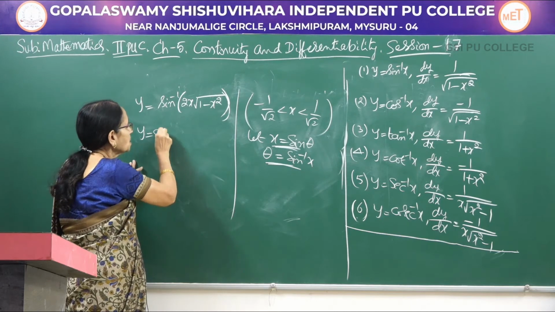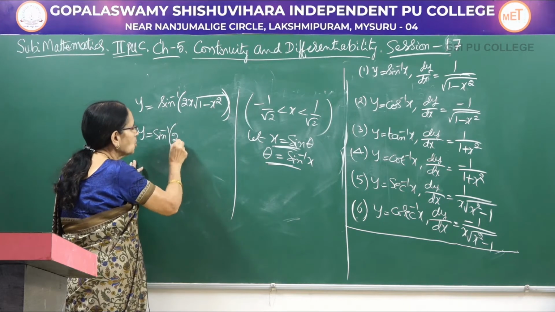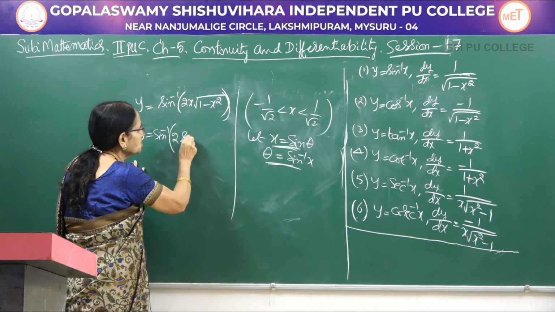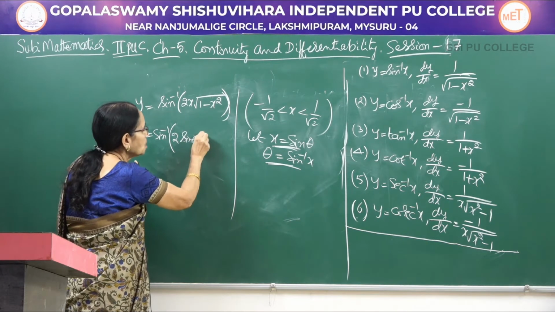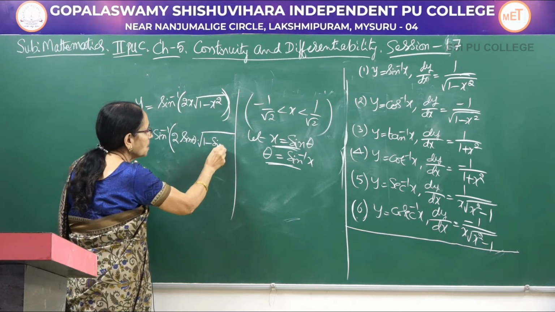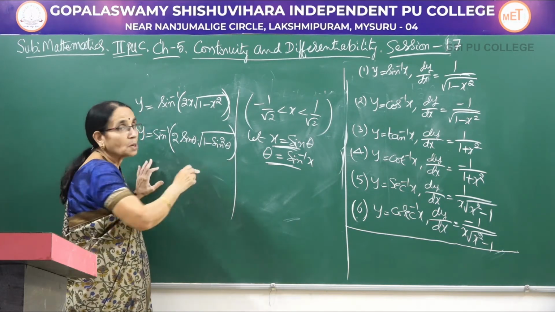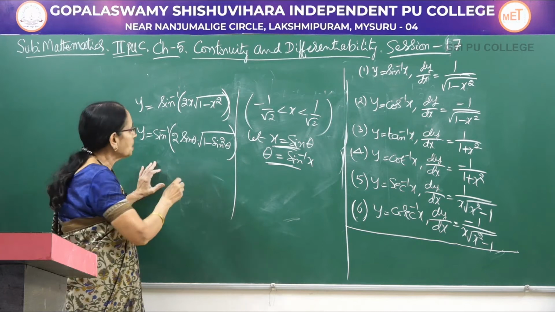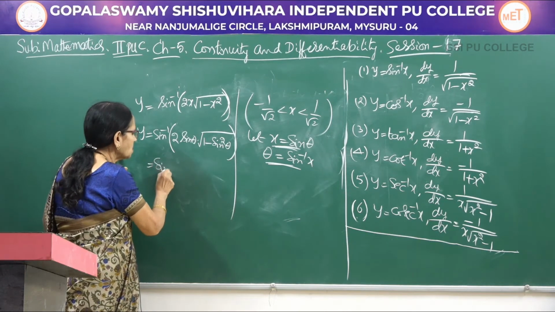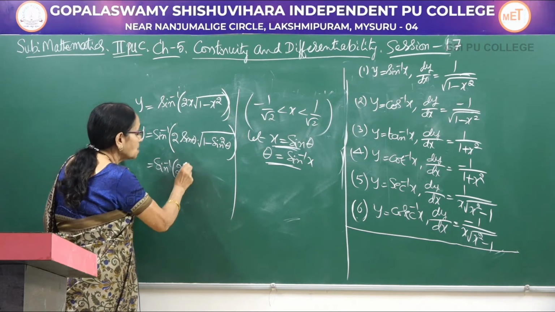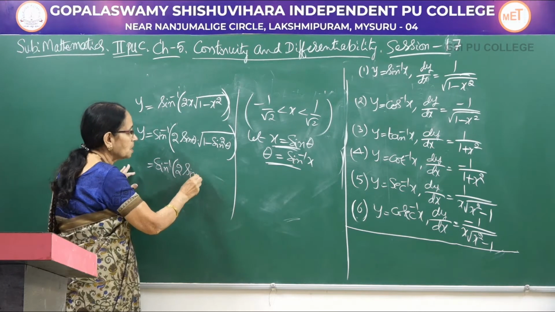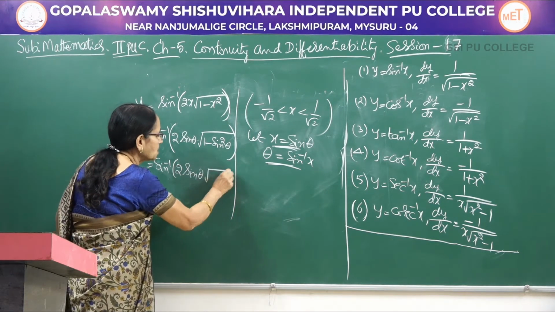It is sin inverse of 2 into x, which is sin theta, into root of 1 minus sin square theta. Now I am going to the basic identity. 1 minus sin square theta, what is that one? It is cos square theta.